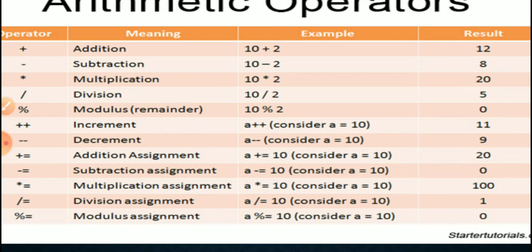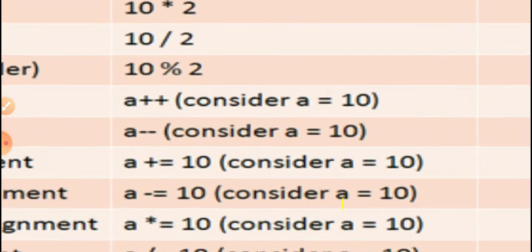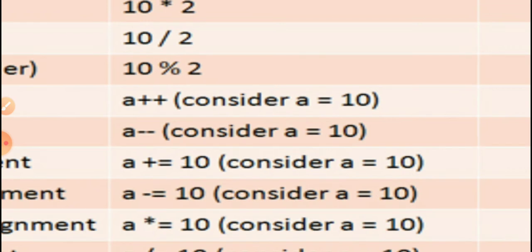Next one, increment operator. Increment operator, plus plus or minus minus. It will increase the value. See here, the increment operator used with some number will add to the number. See this example. Consider a equal to 10.